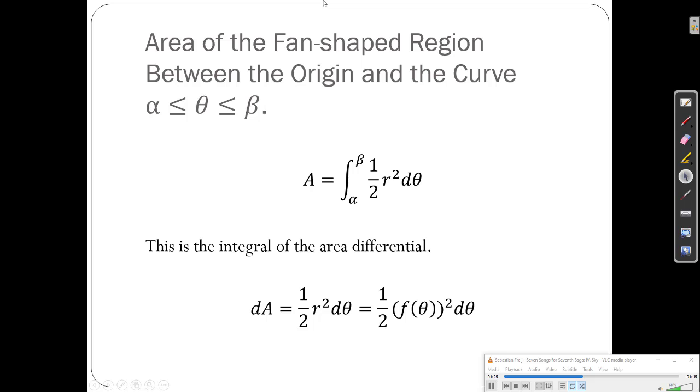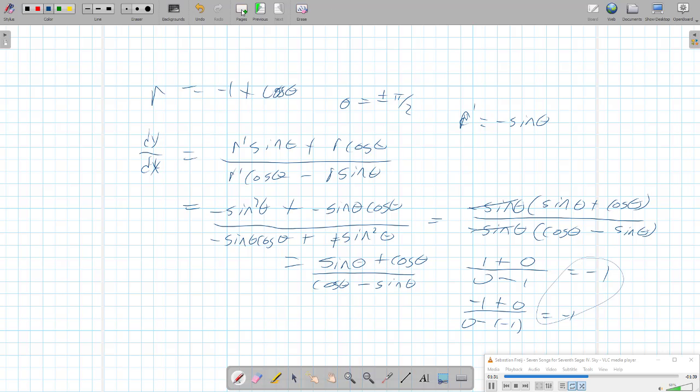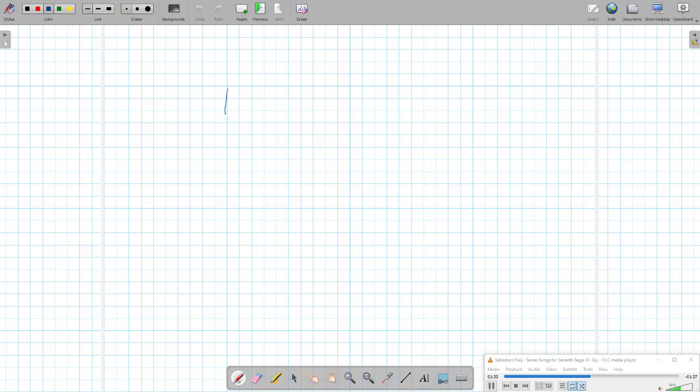Since we're iterating along theta, we're integrating from some theta value to some theta value, alpha to beta, of, let's say, this thing.